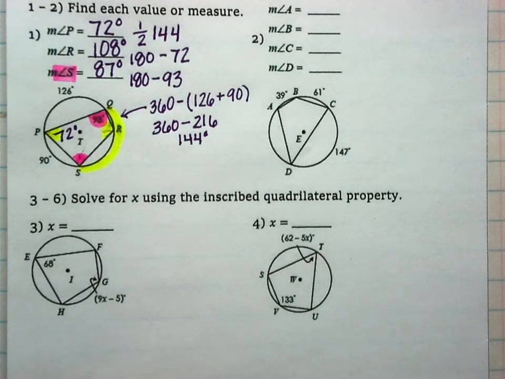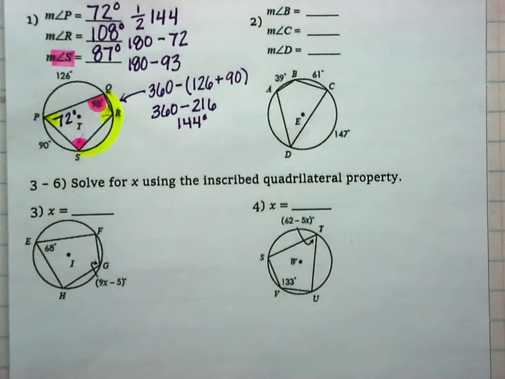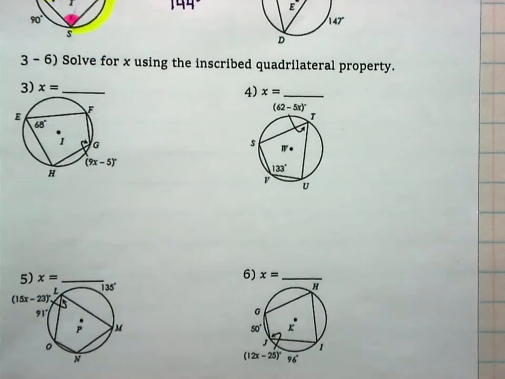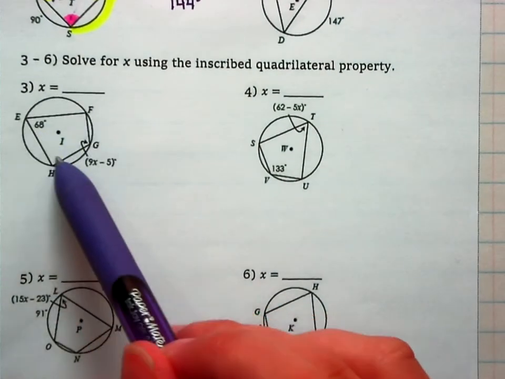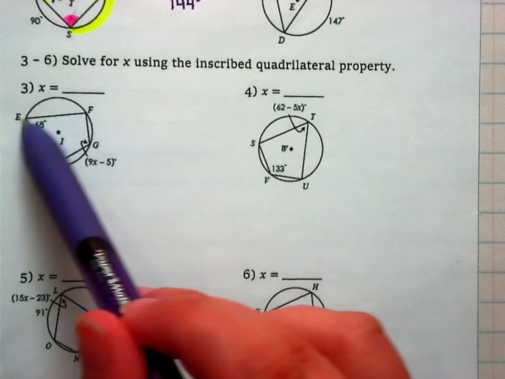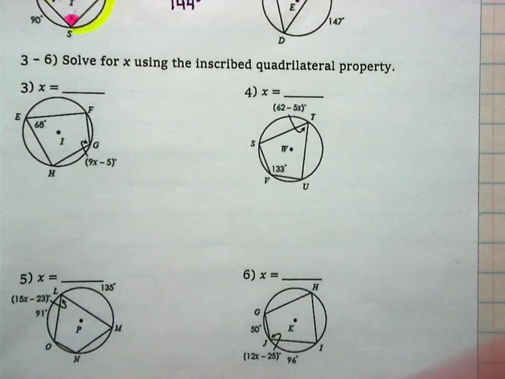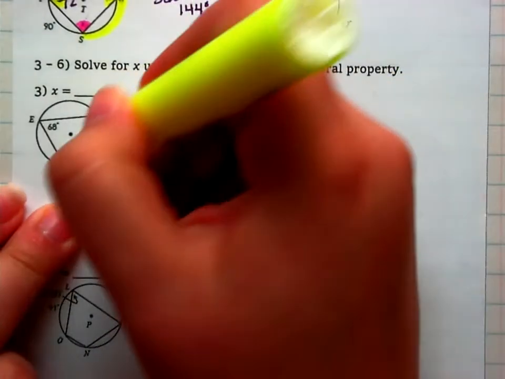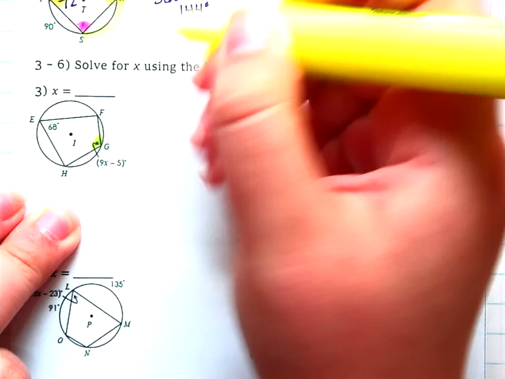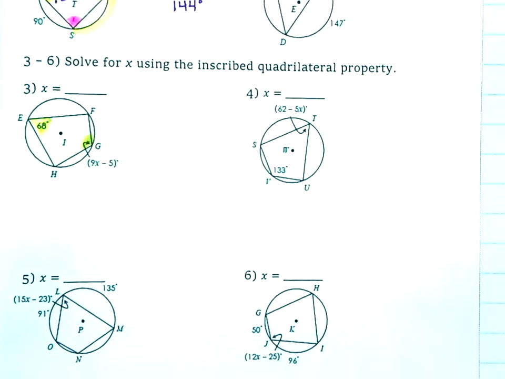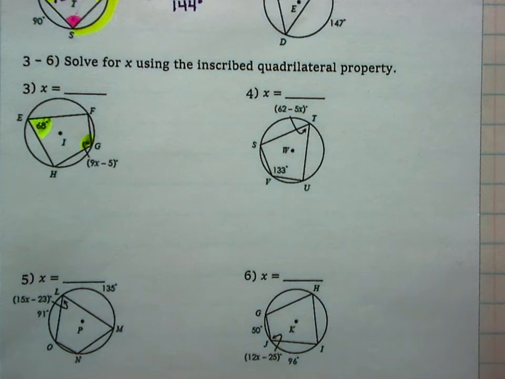So, okay, let's get down to number 3. Solve for x using the inscribed quadrilateral theorem. So we're looking at the circle. We see that there is a 4-sided figure, a quadrilateral, inside of it. And so, ding, ding, ding, we know that the opposite angles, which happen to be G and E, are supplementary.